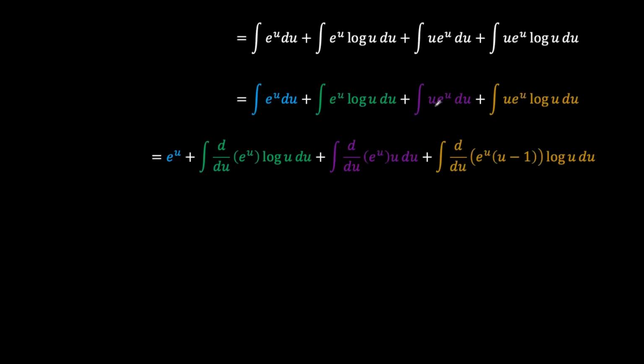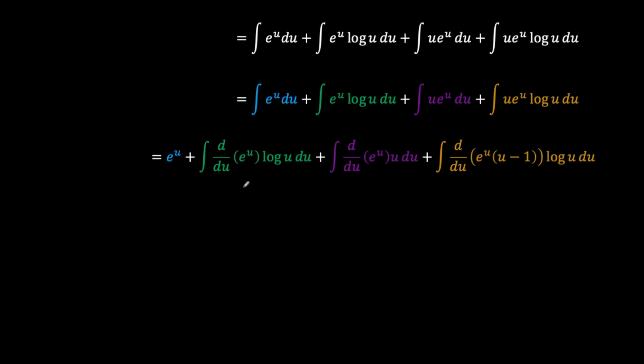Same thing here, u times e to the power u is the same as the product of the derivative of e to the power u and u. And then here, u e to the power u is the same as the derivative of e to the power u times u minus 1. And then we multiply this by natural logarithm of u.